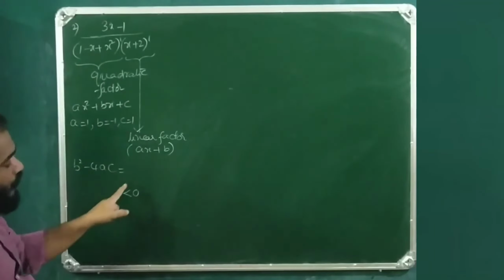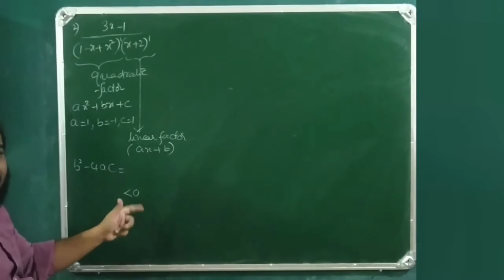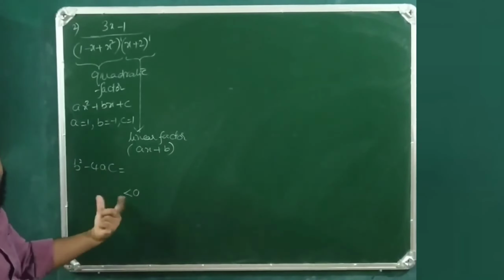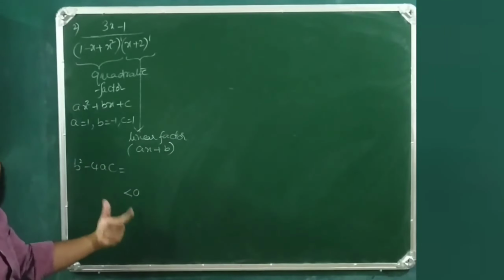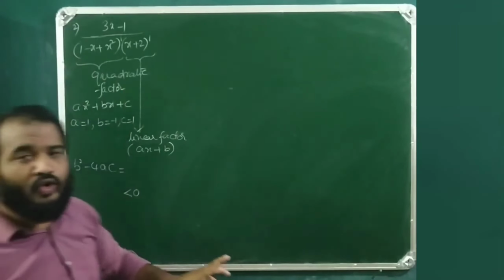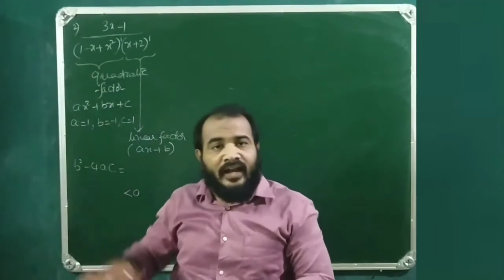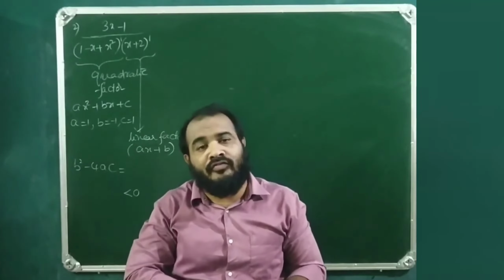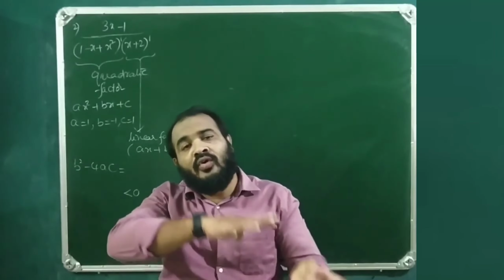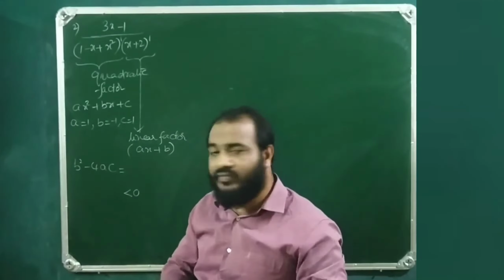If b square minus 4ac is not less than 0, that means it equals 0 or greater than 0, then this is the reducible quadratic factor. If it is a reducible quadratic factor, then we can express this as the product of two polynomials.